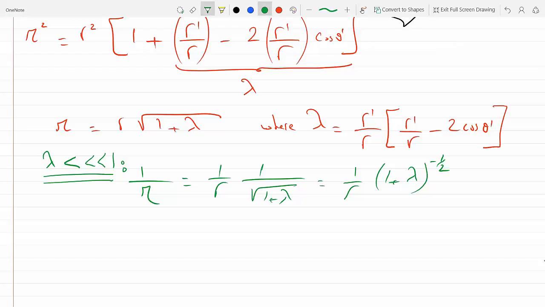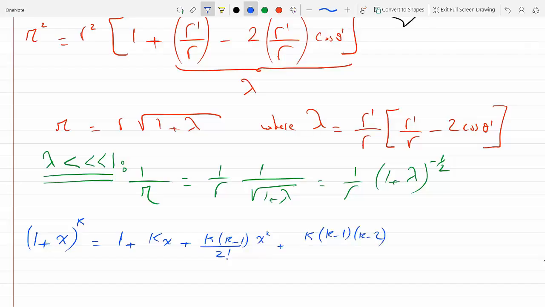If you remember, the binomial series goes something like this. 1 plus x, as long as x is a lot less than 1, to the k, is equal to 1 plus kx over 1 factorial plus k times k minus 1 x squared over 2 factorial plus k times k minus 1 times k minus 2 over 3 factorial x cubed. Remember, this came from the expansion of a Maclaurin series, about x equals 0.